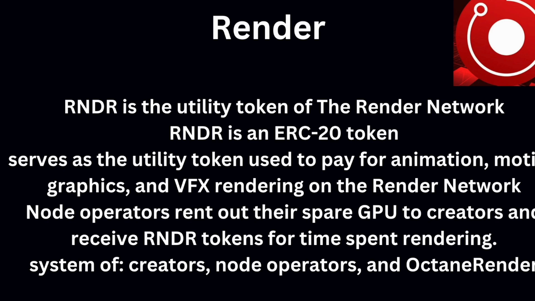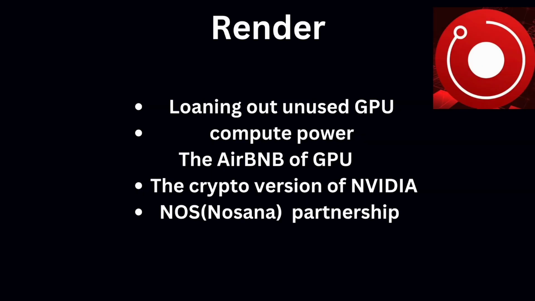You have node operators who can offer their idle, spare GPU to creators, and they receive Render tokens for their time spent rendering. So it's all about the systems of creators, node operators, and the application of OctaneRender. I think that's really awesome.